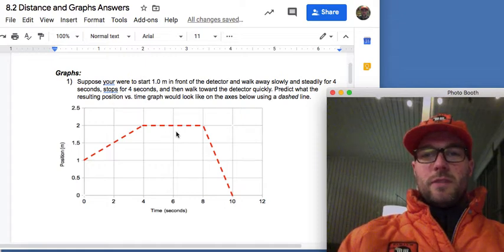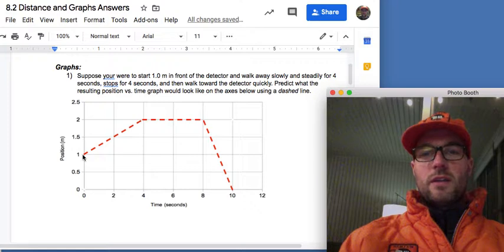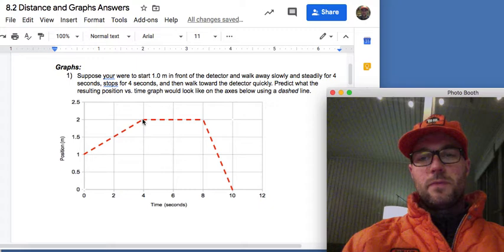Let's suppose you are starting at 1 meter away from the detector. Then you walk at a slow and steady rate for 4 seconds. Notice how 4 seconds passes. This wonderful line right here is depicting an even, slow pace. You're going about half of a meter every 2 seconds.